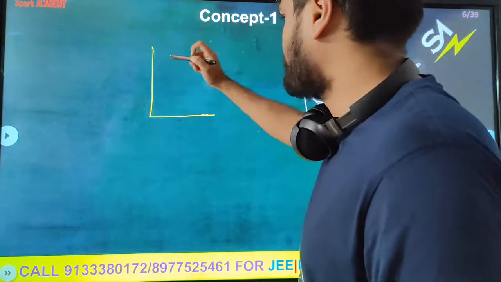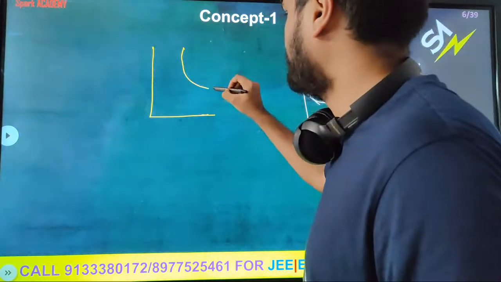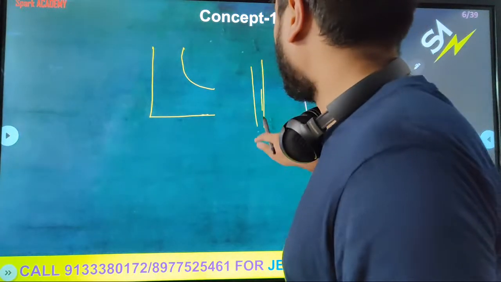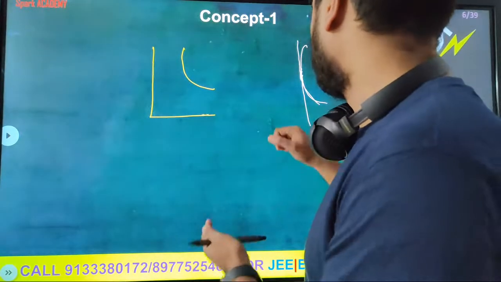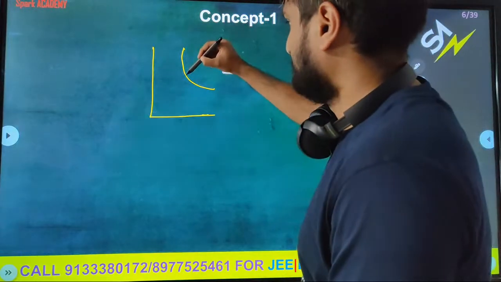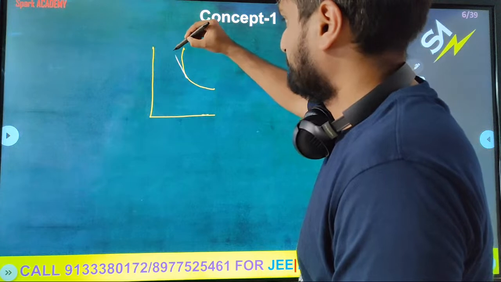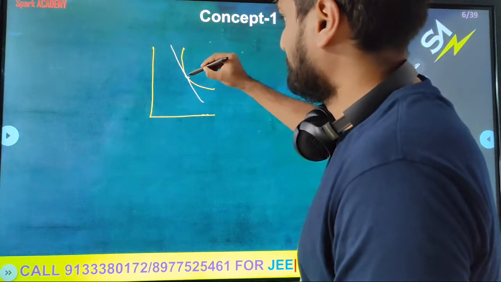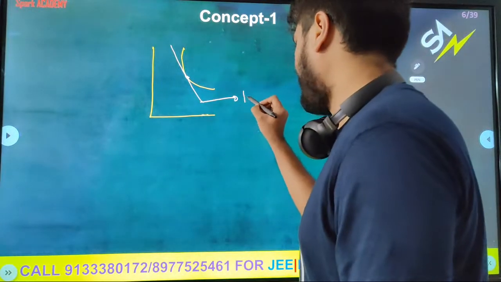Let me redraw it once again for you. So suppose this is a curve, and if you draw a line which is just touching the curve at one point, this is called your tangent line.